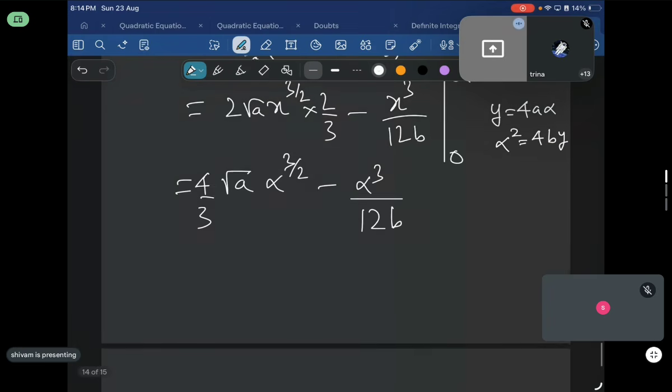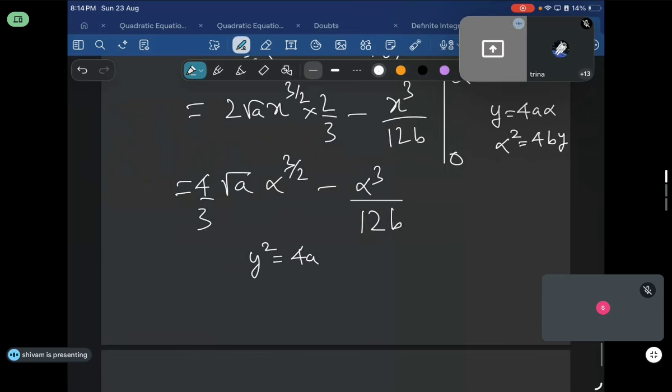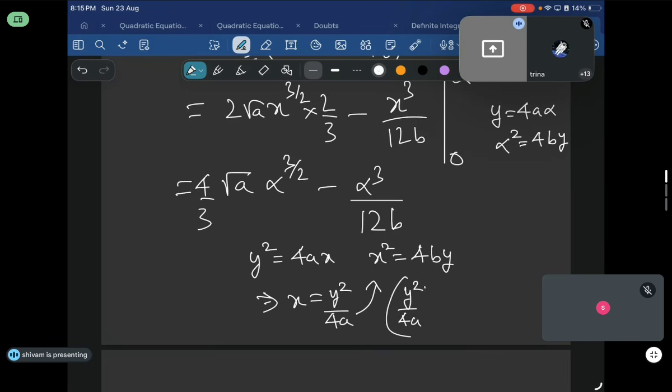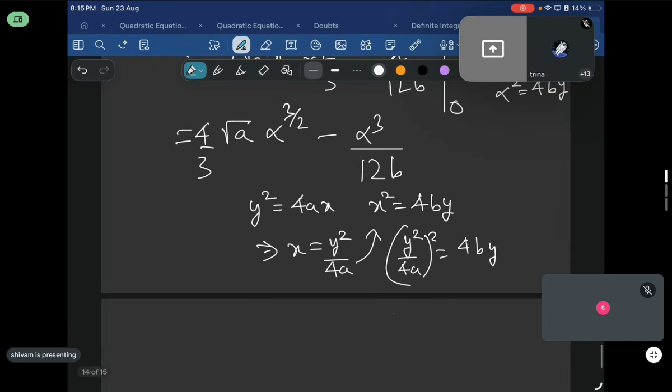Wait. y square is equal to 4ax, right? And x square is equal to 4by. So from here, x is equal to y square by 4a. Let us substitute x over here. This implies y square by 4a whole square is equal to 4by. Right.